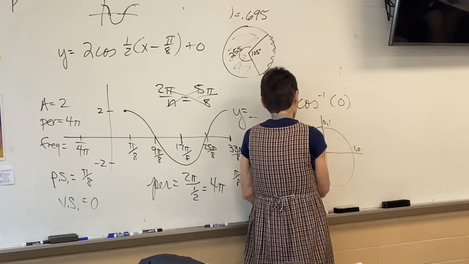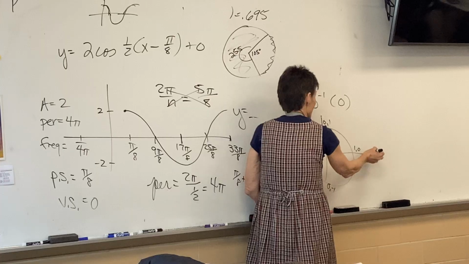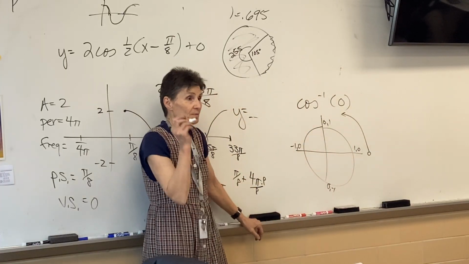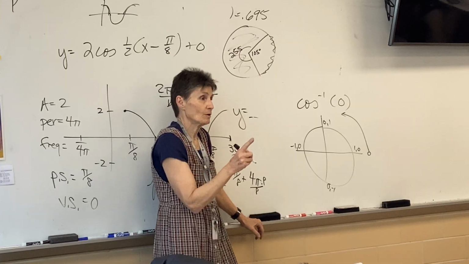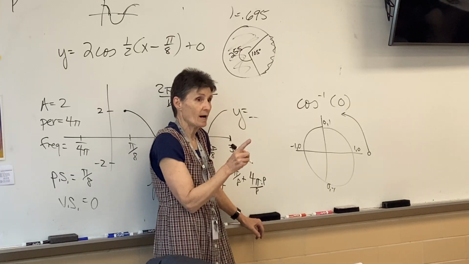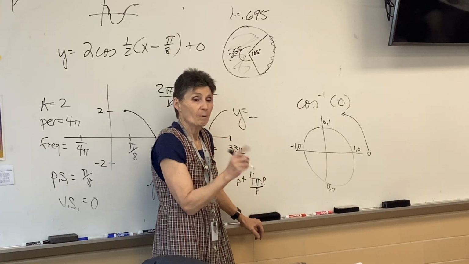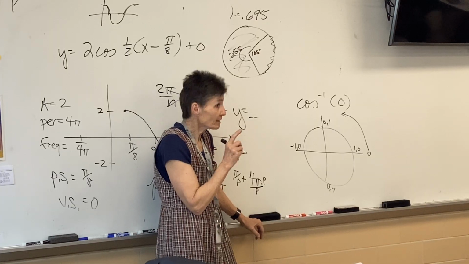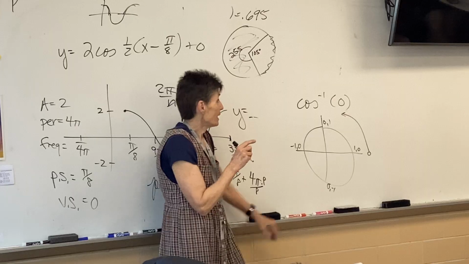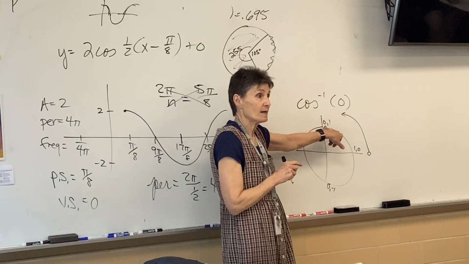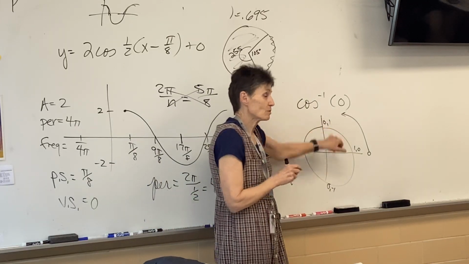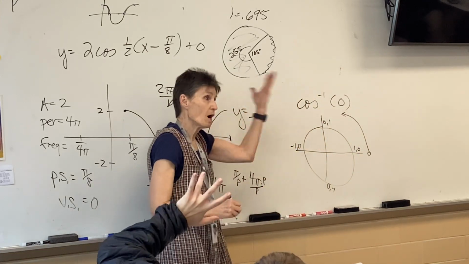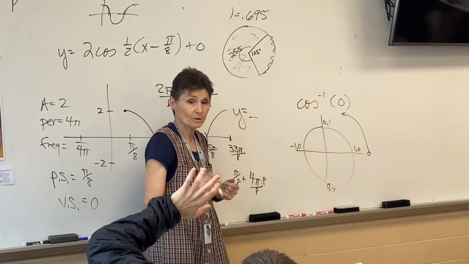So I'm gonna go around my circle. I'm gonna start here, and go up and around, and I want the first answer where the cosine is 0. Pi over 2. Because cosine is x, and x is 0 right there. Alright, so start at 0, go up and around, keep going till you find what you want.